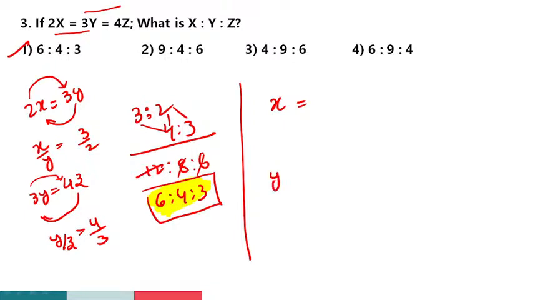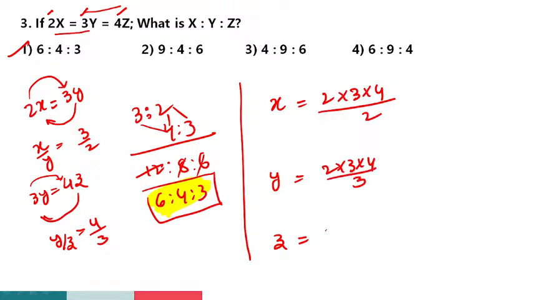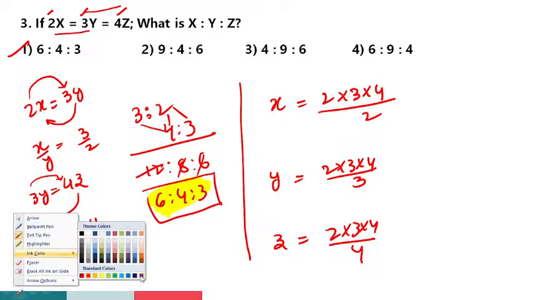So we have to find the x value, y value, and z value, guys. Here, x value is 2, y value is 3, z value is 4. Let me calculate. 2 into 3 into 4 by x value is 2; by y value is 3; by z value is 4.